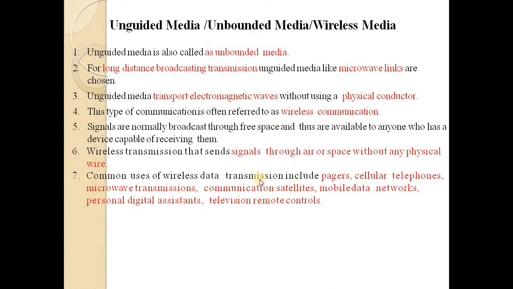A common use of wireless data transmission is a pager. Pager means what? A pager is also known as a beeper, a wireless telecommunication device that receives and displays alphanumeric or voice messages. A one-way pager can only receive the messages, while a two-way pager can also acknowledge, reply to, or originate a message using an internal transmitter.